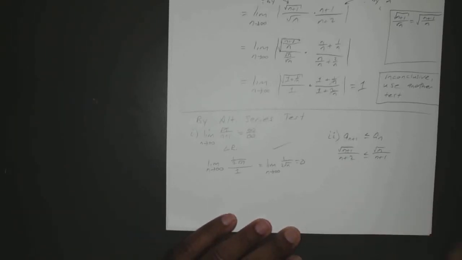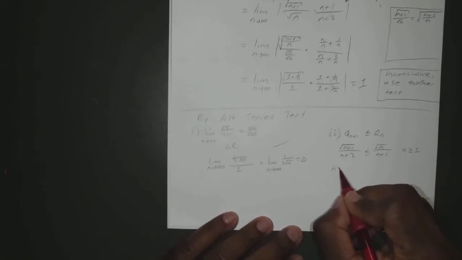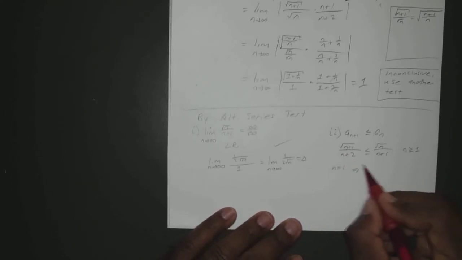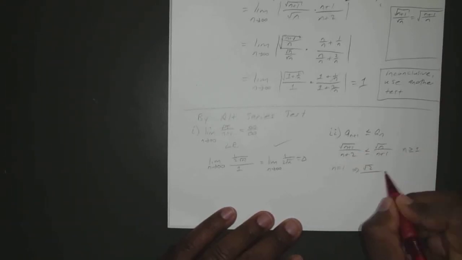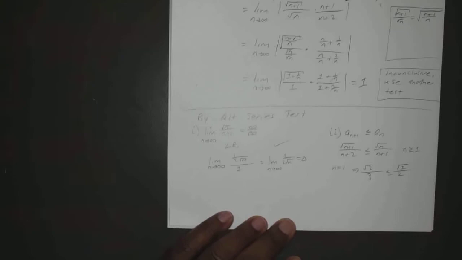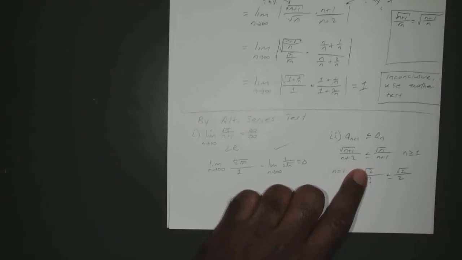For n greater than or equal to 1, n equal 1, you end up with square root of 2 over 3 less than or equal to square root of 1 over 2. Okay, which is true. We have a bigger denominator, and this is only slightly off on the numerator, so this one's true.